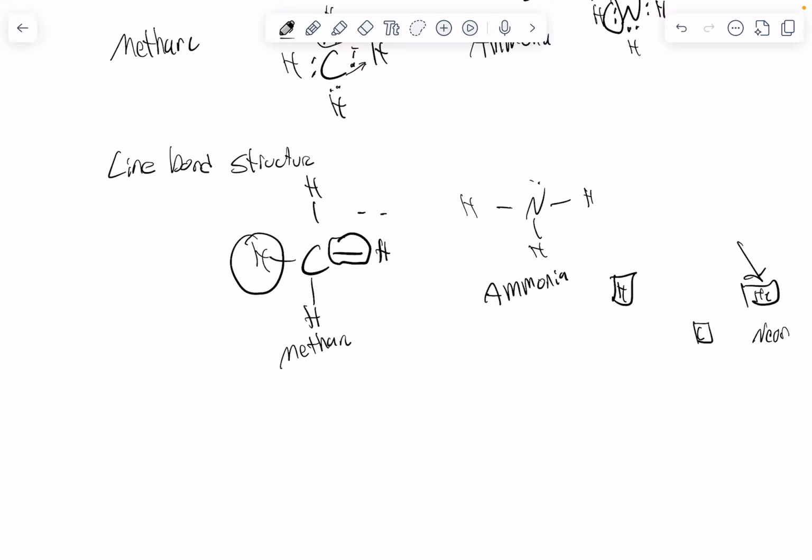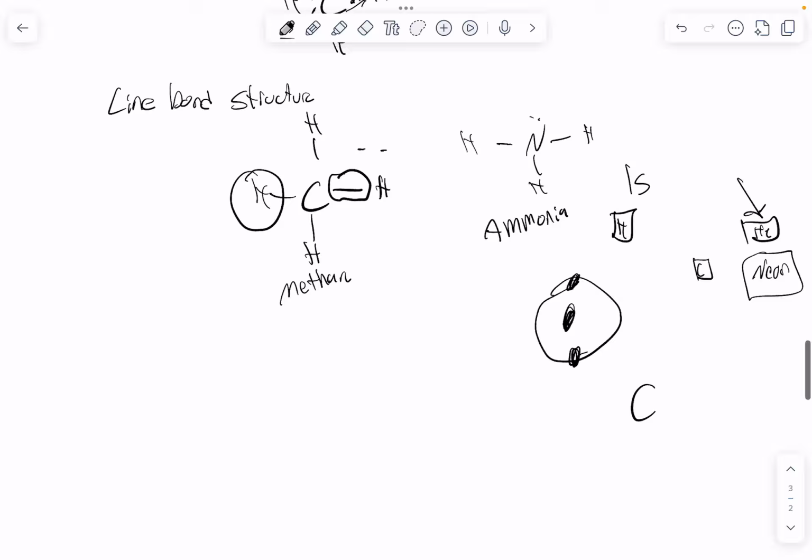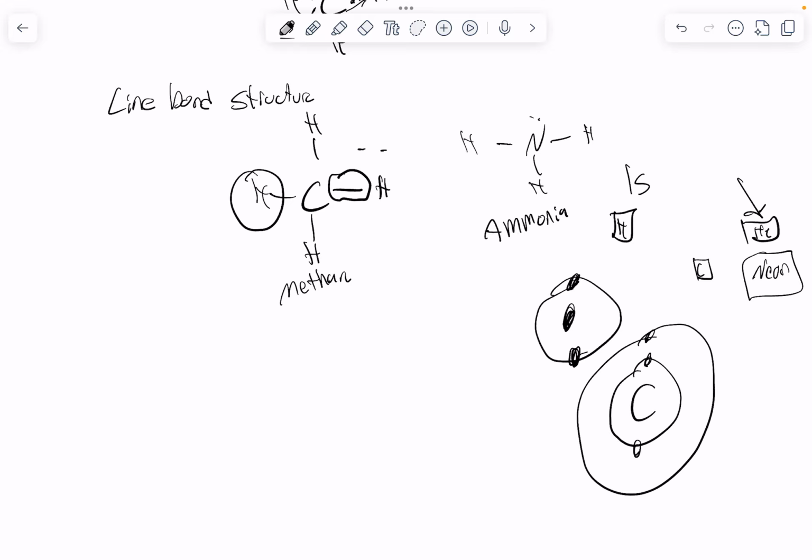And now this is why the electron ground state configuration is important, because we're thinking, why does hydrogen only want 1? Well, think about hydrogen here. It only has the 1s orbital, so it only needs 1 extra electron to become stable and become its closest noble gas, helium. But for carbon, its 1s is filled already, but it only has 4 electrons here, and its closest noble gas is neon, so it needs 4 more.